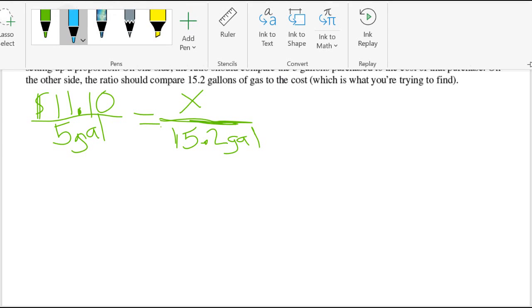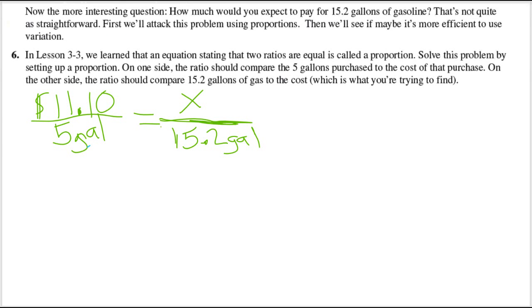As we've discussed before, some people do the fish. They multiply 5 times X, and they multiply 11.10 times 15.2 gallons. And then they divide both sides of the equation by 5 gallons in this case.